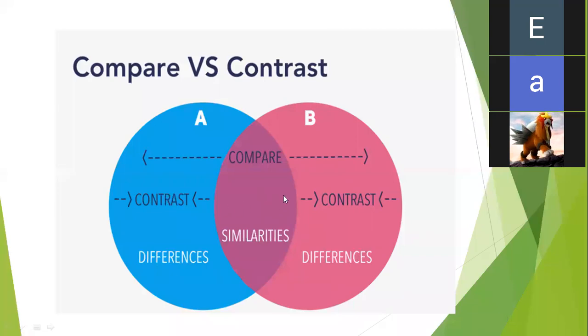Can you see? It's very obvious. Subject A and subject B, you are comparing and contrasting both. So these parts which are the differences will be the contrast part, and the similarities are in the middle, and they are regarded as the comparison part. All right.